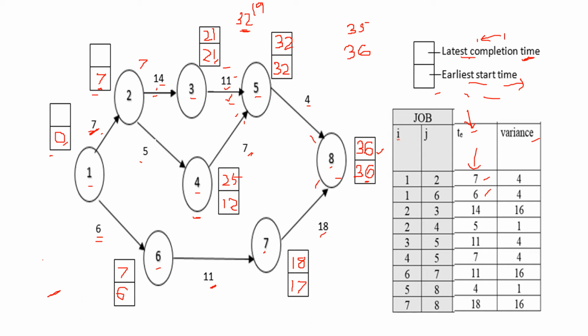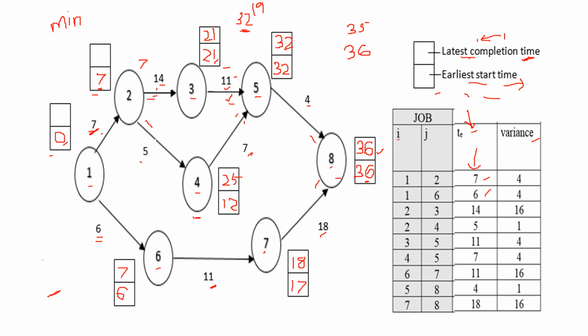And here see the case, from node 2, two lines are there, right? To 3 and to 4. So if this is the case, you have to take the minimum. Before, we were taking the maximum, and now we are doing the backward pass.